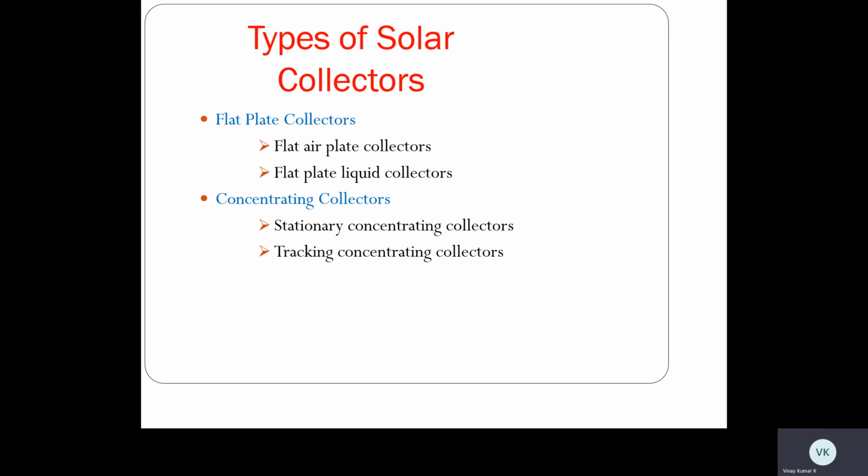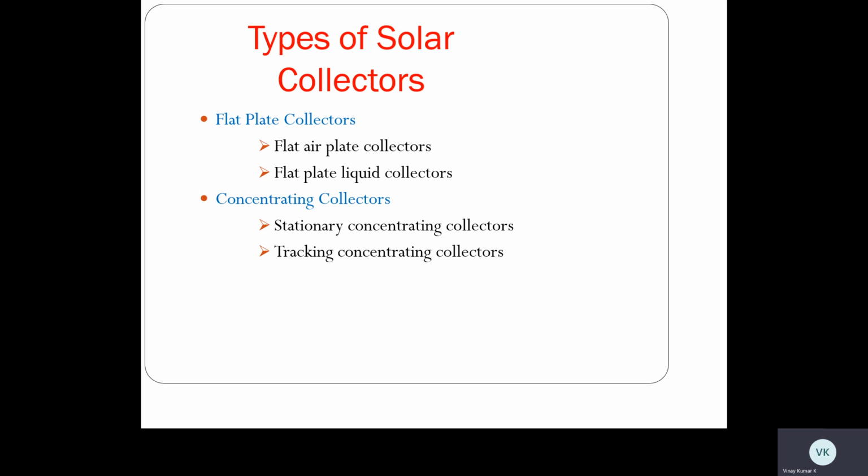In flat plate air collectors, air is used as the medium, and in flat plate liquid collectors, some liquid is used as the medium for collecting. We will see these in detail in the coming slides.